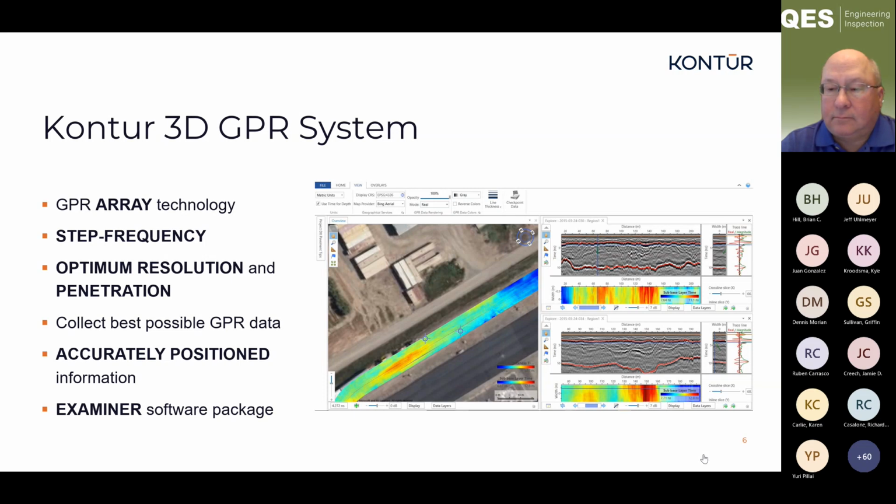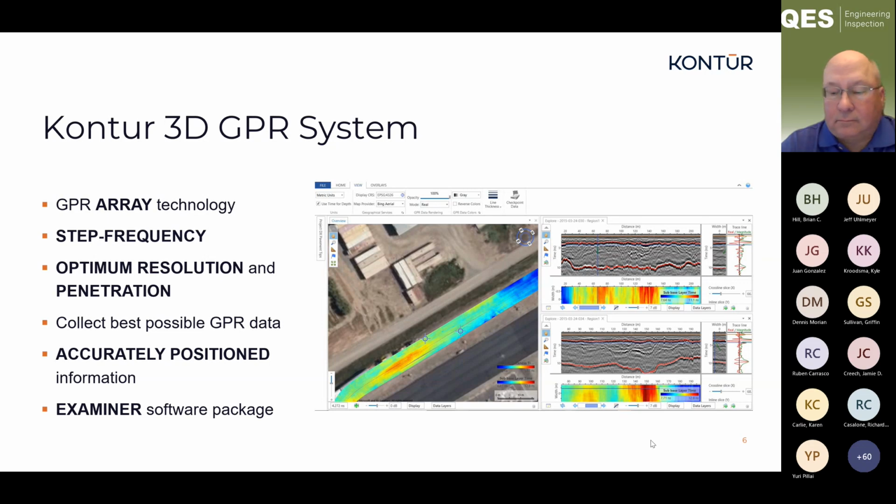This is, in my opinion, the best possible GPR data, which can look at the entire pavement as a whole and not simply single lines from some of the typical 2D radar systems. If you couple that with a very accurate global positioning system, then you have a very accurate position of where your damage is at, provided we can find it with the reflected antenna signals.